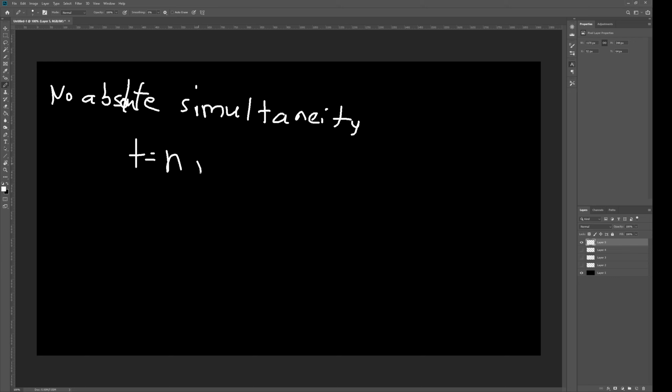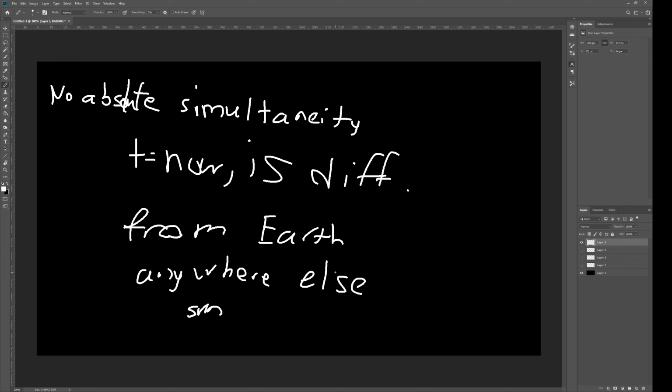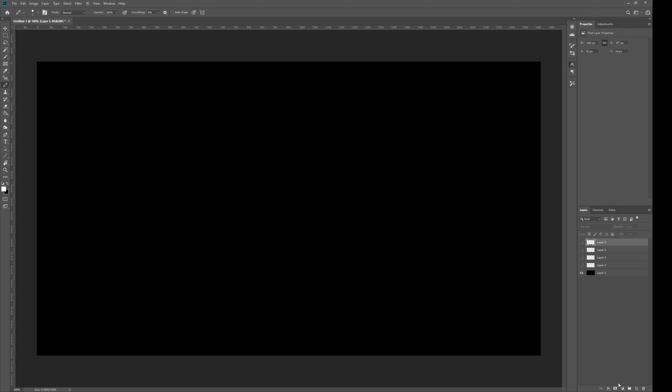T is equal to now is different from the Earth to anywhere else in the universe. For example, the sun. Why this works is because we have R is equal to c delta t. And c, of course, is the speed of light. Delta t represents time. So this literally represents space-time.